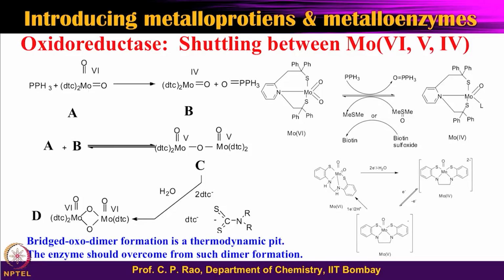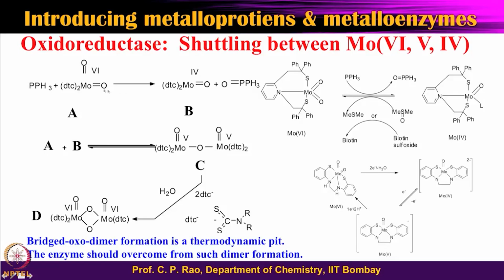In triphenyl phosphine the phosphorus is in the 3 plus oxidation state, and in the phosphine oxide the phosphorus is in the plus 5 oxidation state. So, 2 electrons are lost, and those 2 electrons are gained by oxygen. So, O is taken not as O2 minus but as O 2 plus, and the 2 electrons left over here are given to the molybdenum, and the molybdenum becomes molybdenum 4.